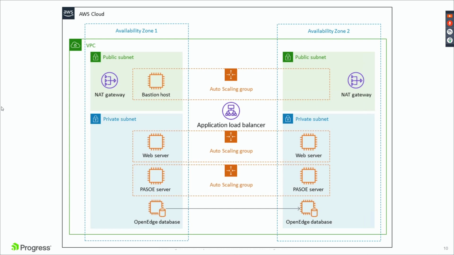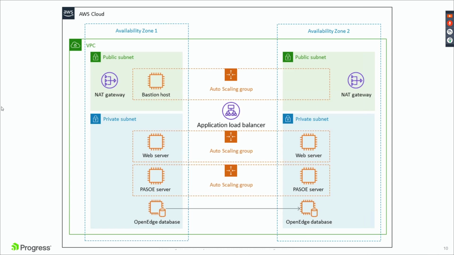These provide high availability. Then you have a public subnet and a private subnet. The public subnet is the only one that is accessible from the public internet. And the private subnet holds resources internally that are only accessible through the Bastion host machine or through a load balancer.